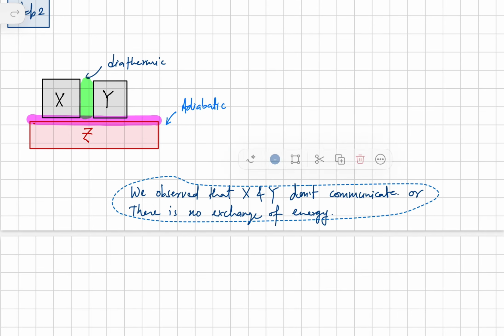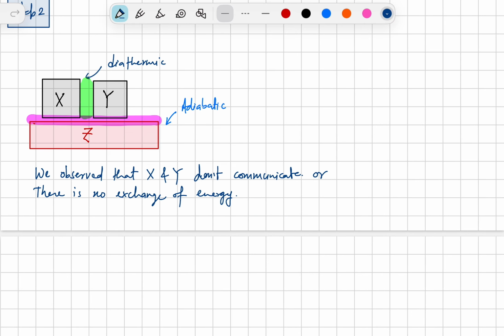Right? There is no exchange of energy, which means x and y are also in thermal equilibrium.